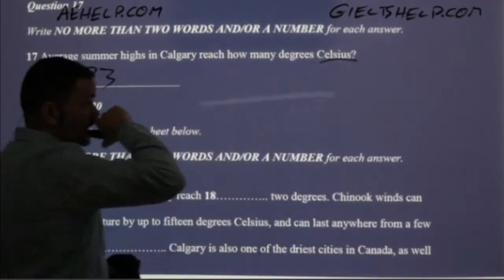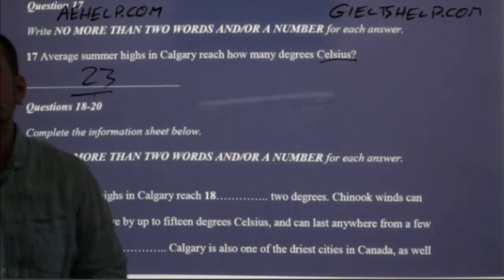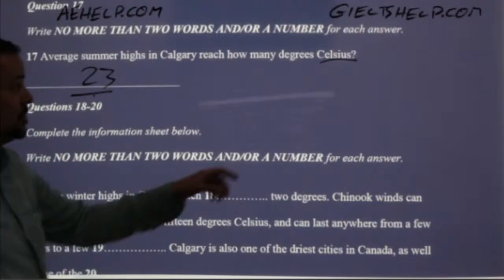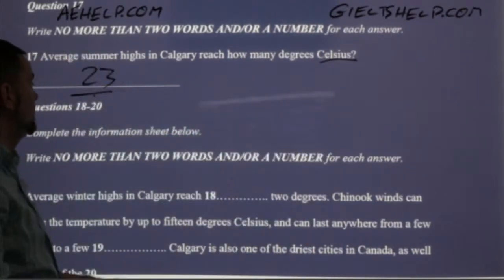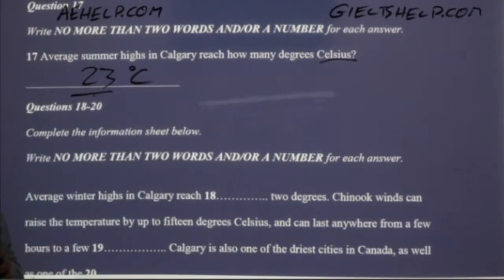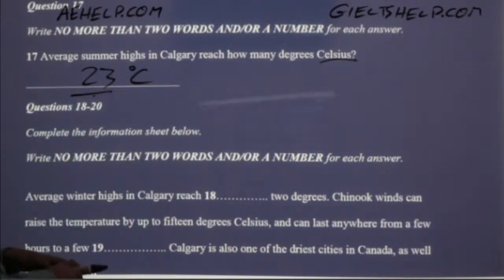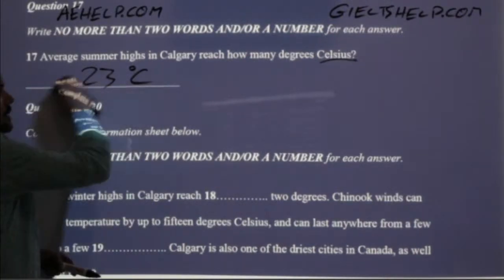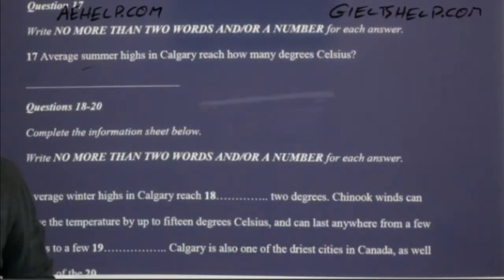If it's in the question, it's not needed in the answer, so you just need the number, 23, okay? And if you do write it, make sure to check the spelling. It's a capital C, Celsius, okay? Or you could just keep it simple and put the symbol like that if you really wanted to. Use symbols whenever possible, okay? Just make sure you're using a correct symbol, okay?